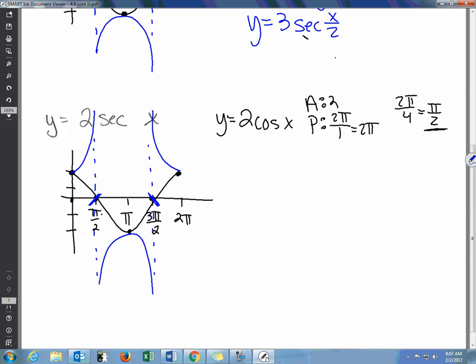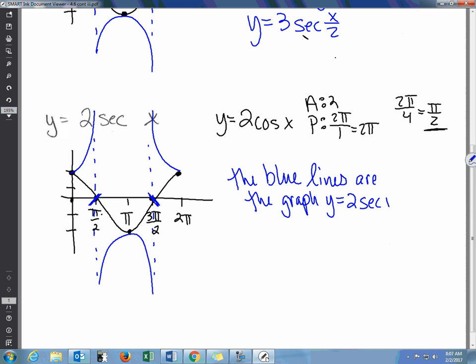Each arm tends towards the vertical asymptotes that you highlighted, but they never ever cross. So the blue lines again are the graph y equals 2 secant of x.